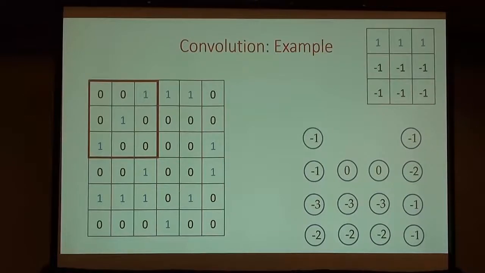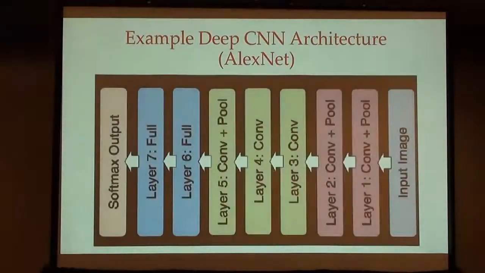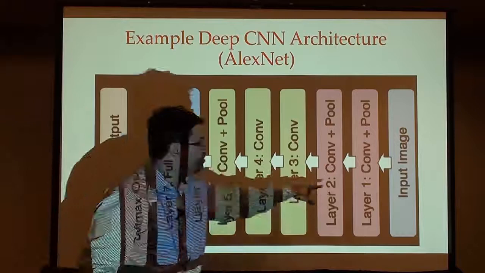Okay. Since I'm running out of time, so this is basically the AlexNet. Somehow I mangled it, put it upside down on something. But anyways, it should be read from this side.